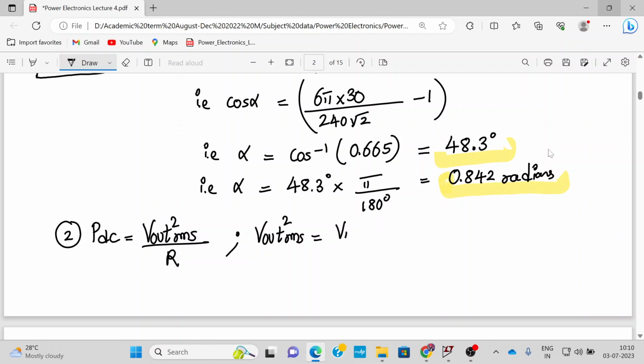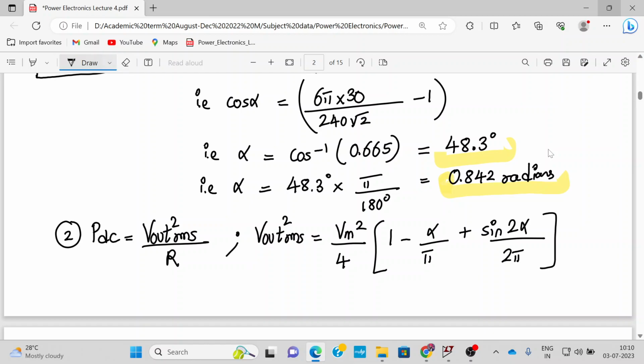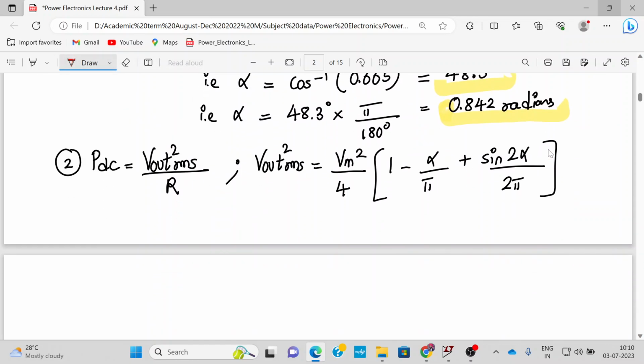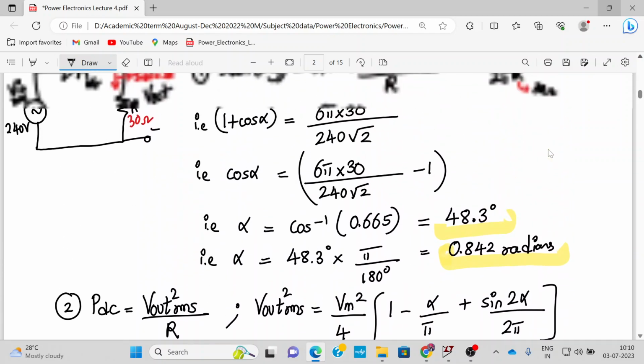So the formula is given by Vm square by 4 into 1 minus alpha upon pi plus sine 2 alpha divided by 2 pi. So remember, yeah, we have done this before. So here we get V out RMS square will be equal to, your Vm is around 240 root 2.